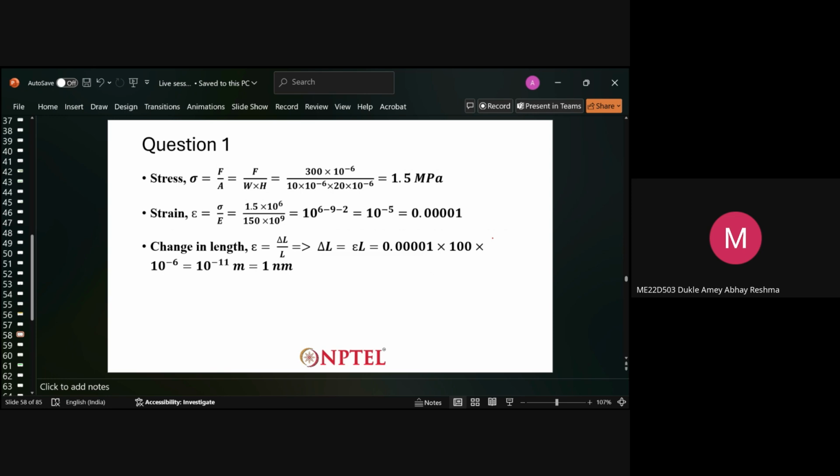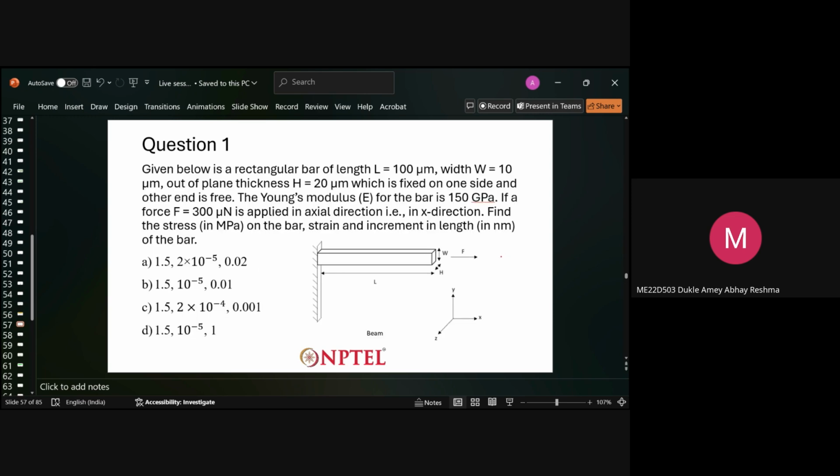We have already found the stress is 1.5 megapascal, and we have the Young's modulus as 150 gigapascal. So by substituting the values, the strain we get is 0.0001.